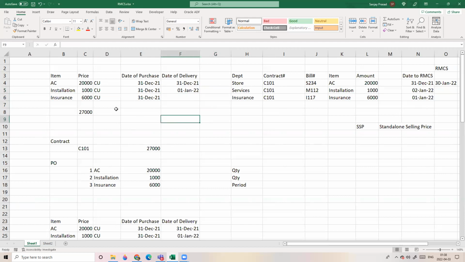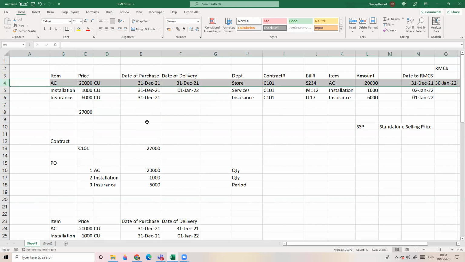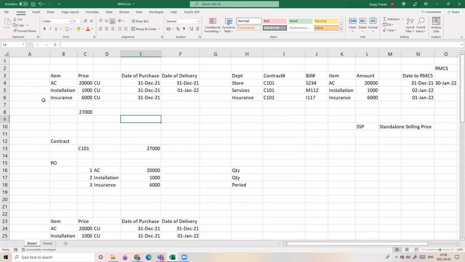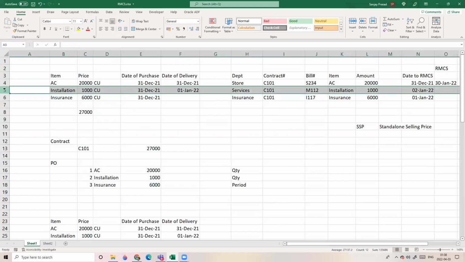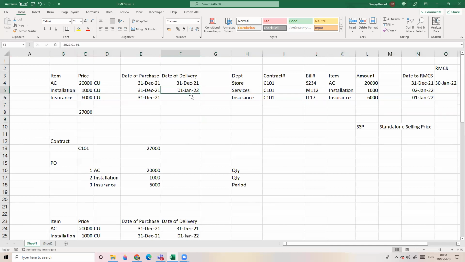Here we can see the satisfaction measurement for AC was done based on quantity, whereas satisfaction measurement for installation is done based on percentage, because we cannot really split the installation into a number of units. It is one unit in all, and it is getting delivered step by step on a percentage basis. So another kind of satisfaction measurement is percentage.